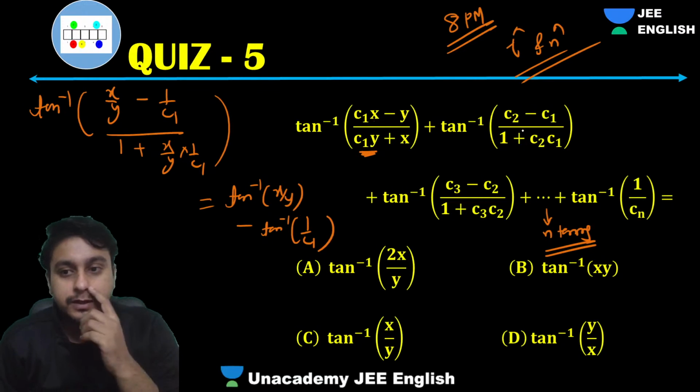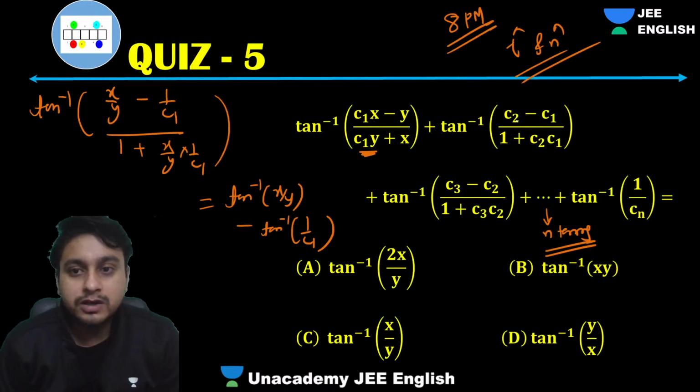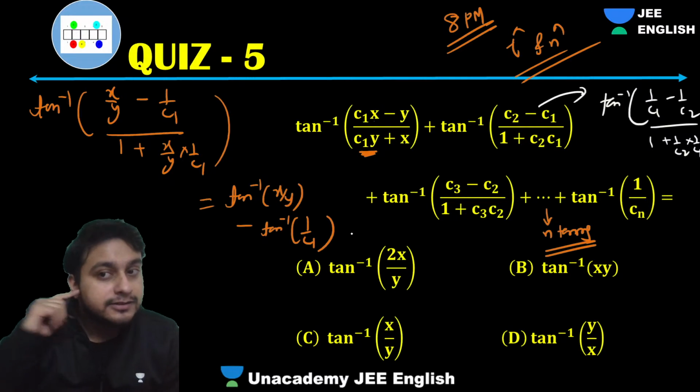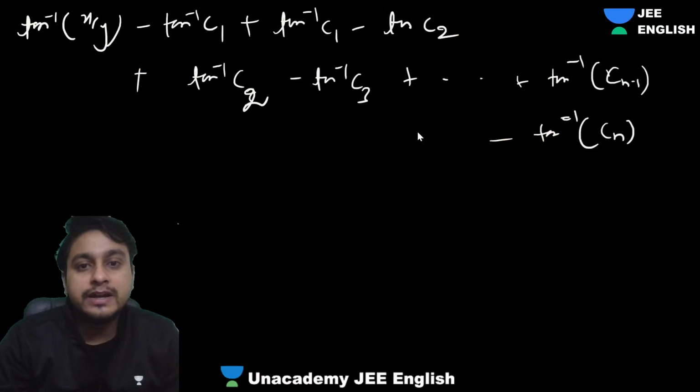If you divide by c2 c1, this is nothing but tan inverse 1 by c1 minus 1 by c2 upon 1 plus 1 by c2 into 1 by c1. Are you getting that point? That's why I'm calling that tan inverse 1 by c1. That is very important to understand.